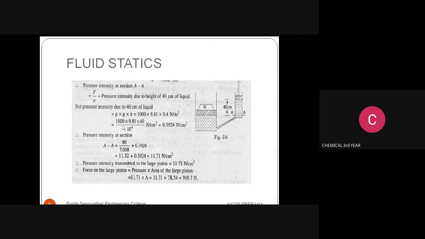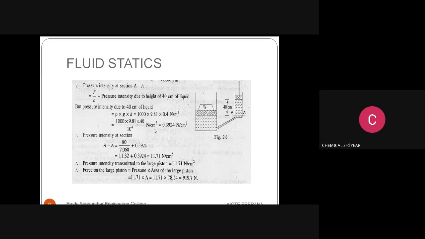So you calculate now. You need to convert that into centimeter square, so divide that by 10 power 4. So 1000 into 9.81 into 40 divided by 10 to the power of 4. So that is the pressure intensity due to 40 centimeter of the liquid, right?